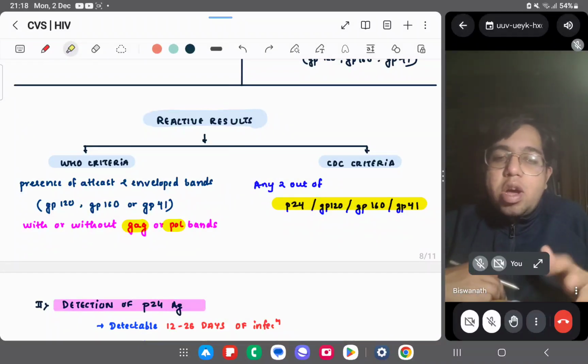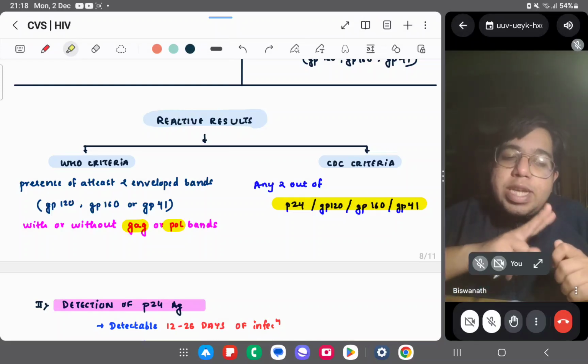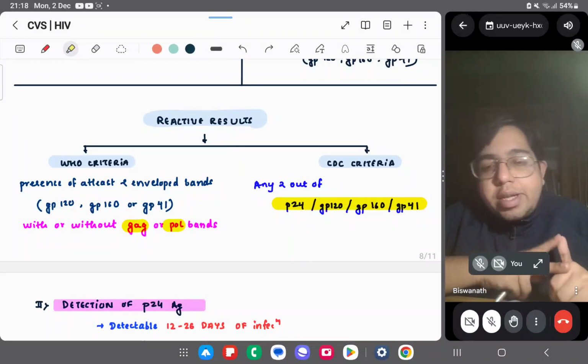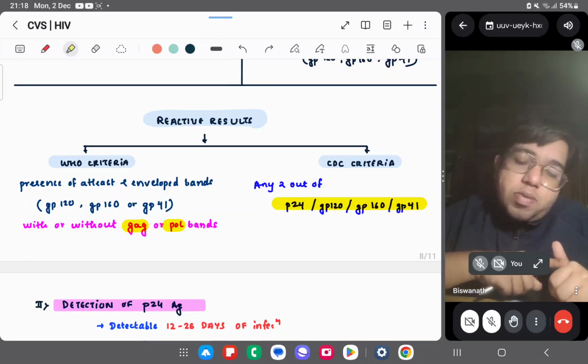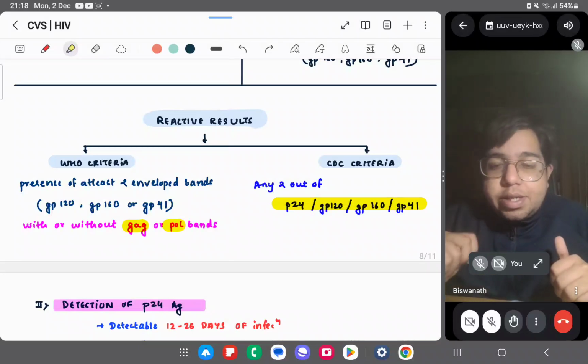Gag or Pol may or may not be present, but you must have at least two of the envelope bands.